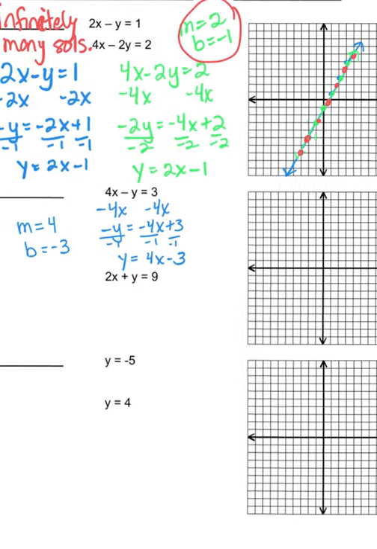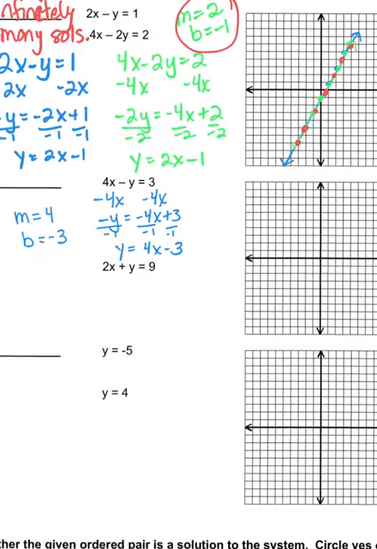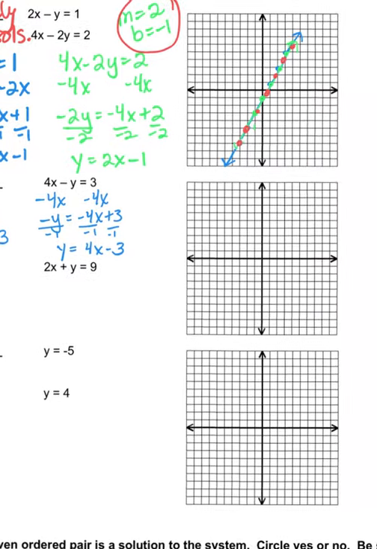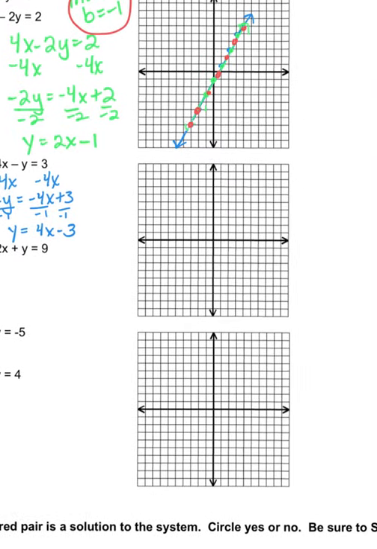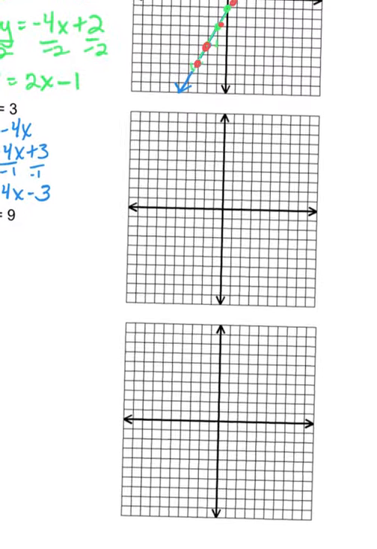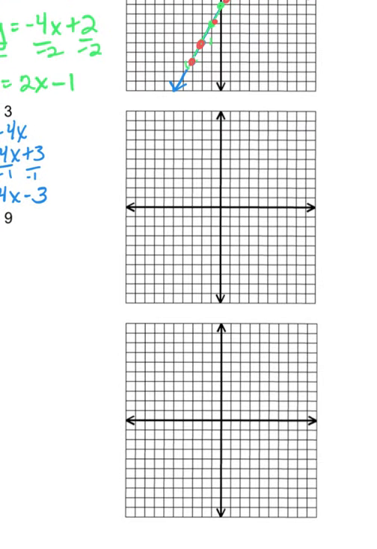Okay, so I can go and graph that line. My y-intercept is -3 and my slope is 4. My y-intercept is what I start with, that is (0, -3). And then my slope is 4, which is 4 over 1.